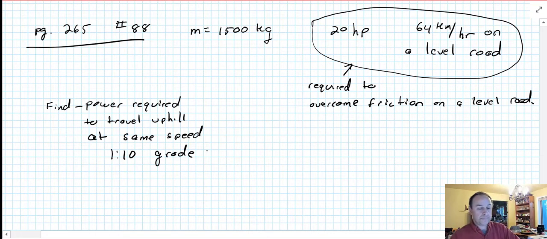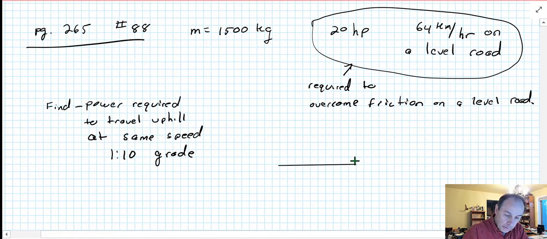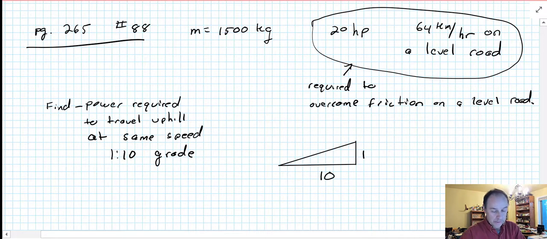Okay, so here's our little hill. I'm going to put ground, my vertical and my slope. This is my rise and my run, 1 to 10. So my little car is going up this time.